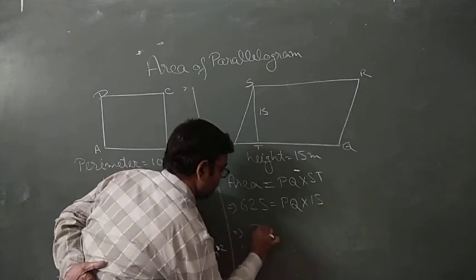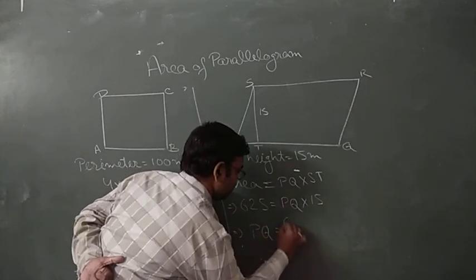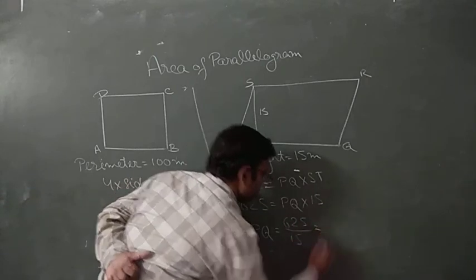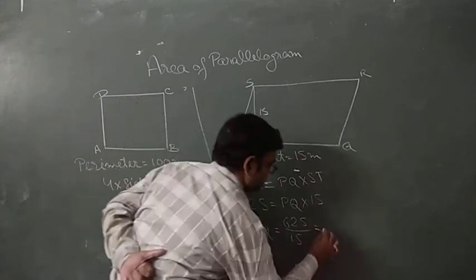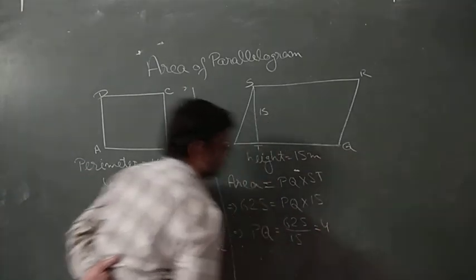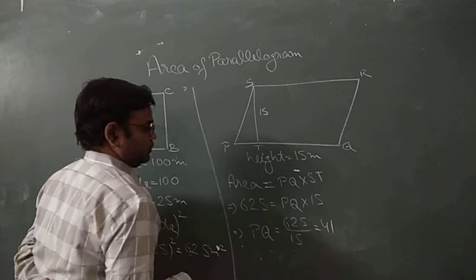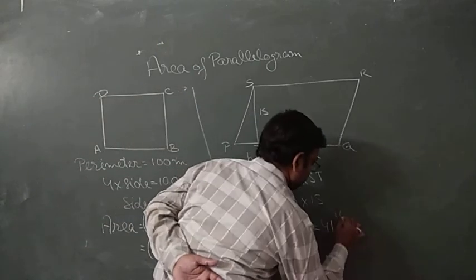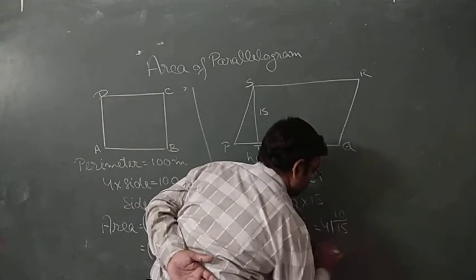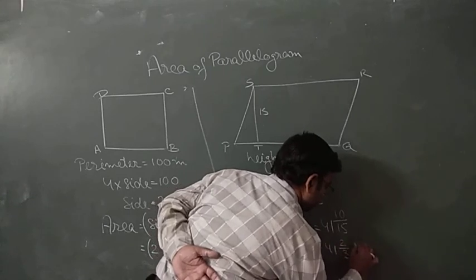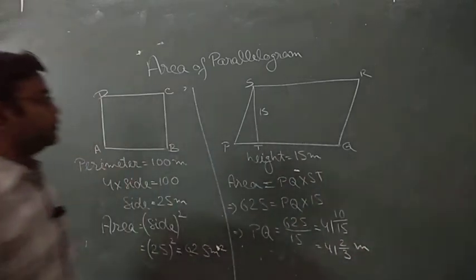Therefore PQ equals 625 upon 15, which is 41 whole 10 upon 15, or 41 whole 2 upon 3 meter. Clear? So this is your solution.